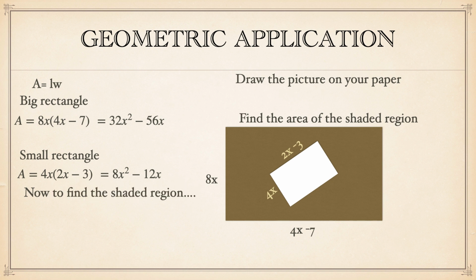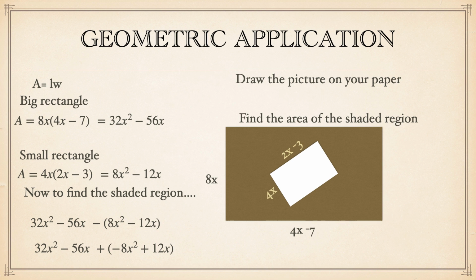Okay, so now I have here 32x squared minus 56x, and then I'm going to subtract that whole entire quantity of 8x squared minus 12x. So now that means I'm going to distribute that minus sign to everything on the inside of that quantity, and I'm going to get 32x squared minus 56x. That's still the area of the big rectangle.